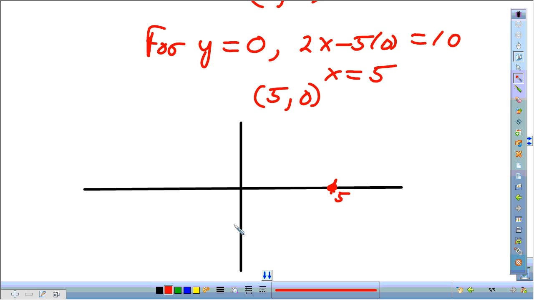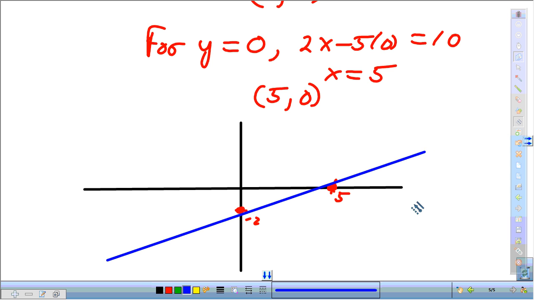We also had the point 0, minus 2. In this case, it's a straight line through those 2 points. And we have a graph.